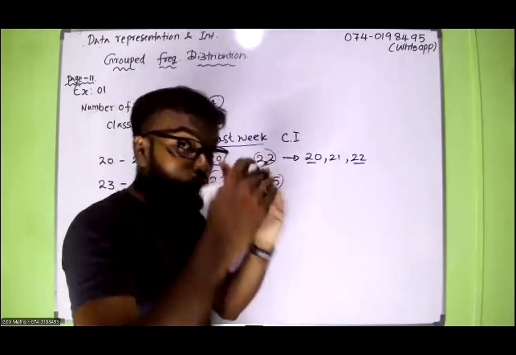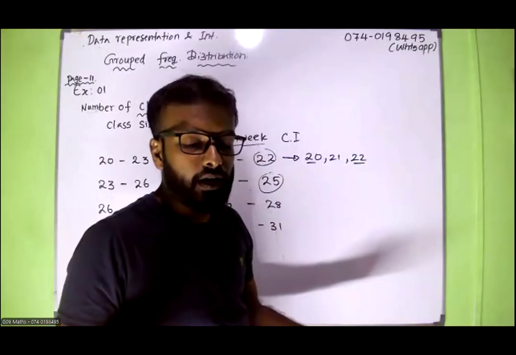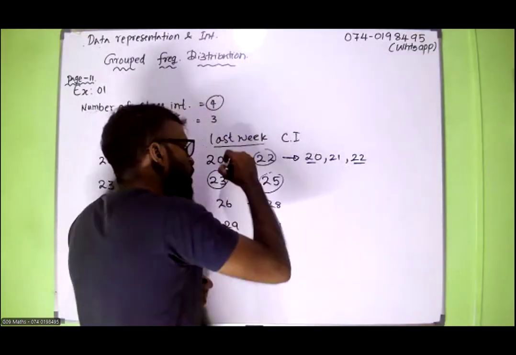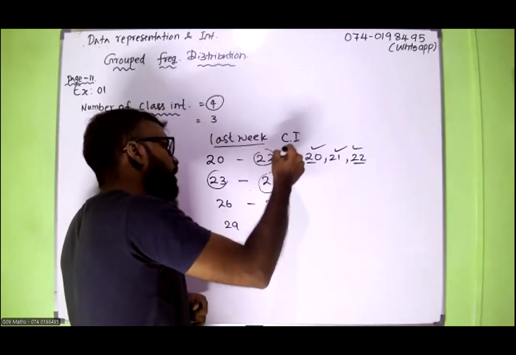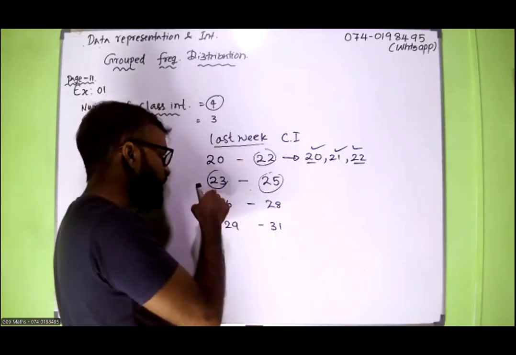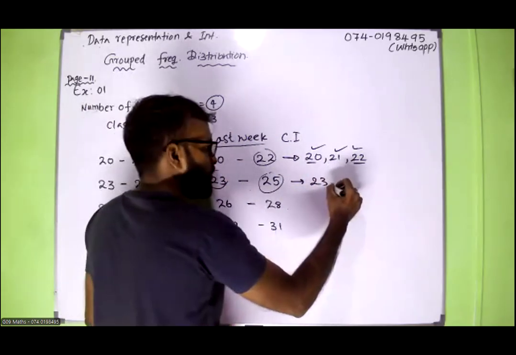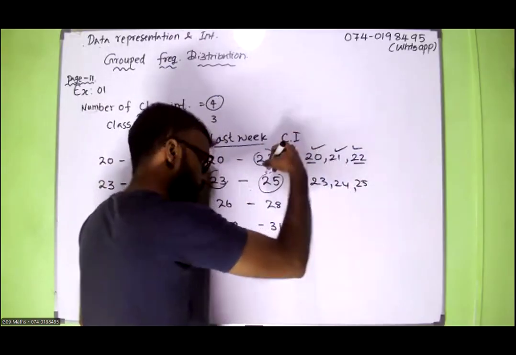When the class interval is not closed, you have to take all the values, including 20, 22 and 21. Here 23 is included, 24 is included, 25 is included.